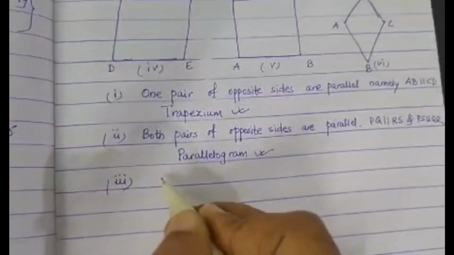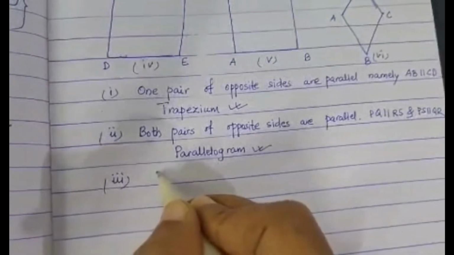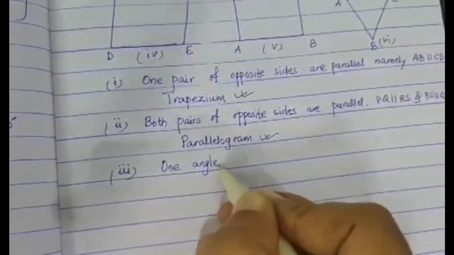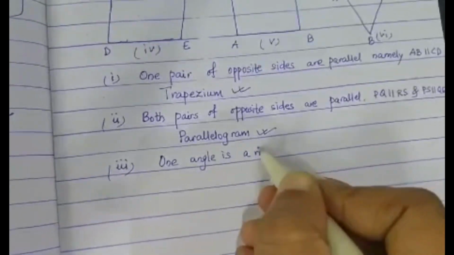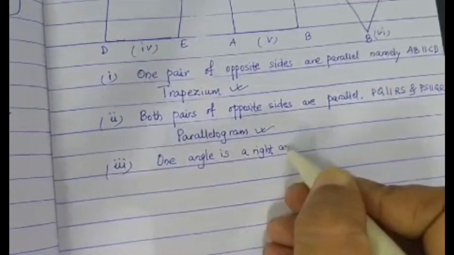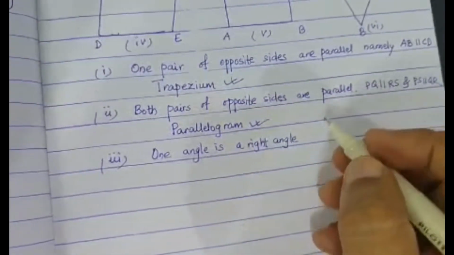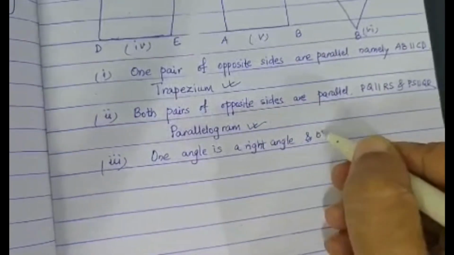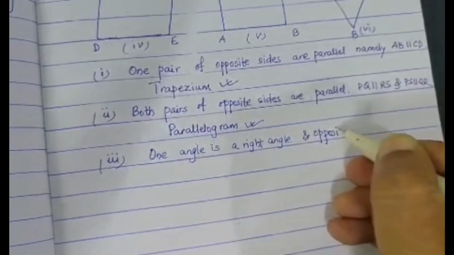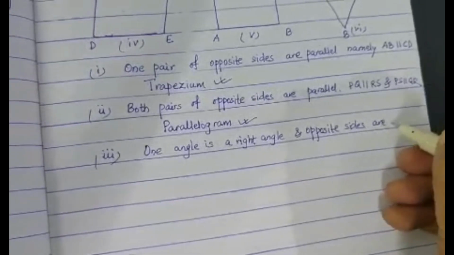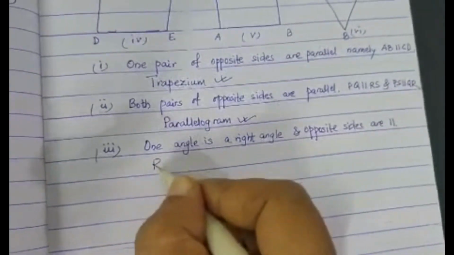All of you know, one angle is a right angle, and opposite sides are parallel, of course. So it is a rectangle.